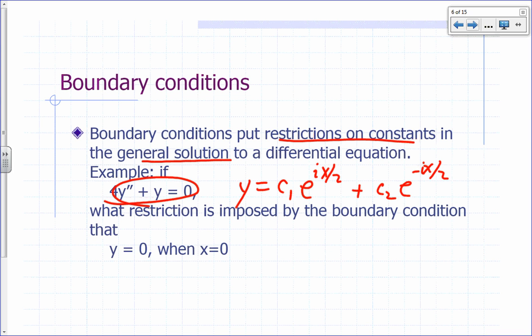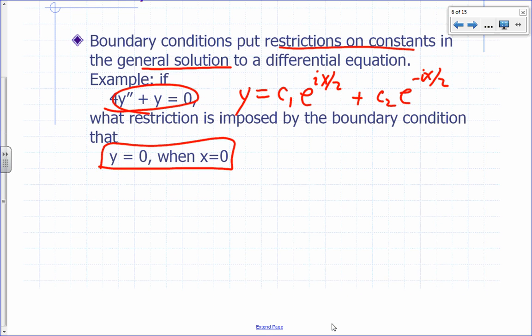Okay? What if we want y to be 0 when x equals 0? So that's an example of a boundary condition. Let's say I have this problem, this is the differential equation, and I need to solve that problem. And I know that if x is 0, y must be 0. So you plug it in.